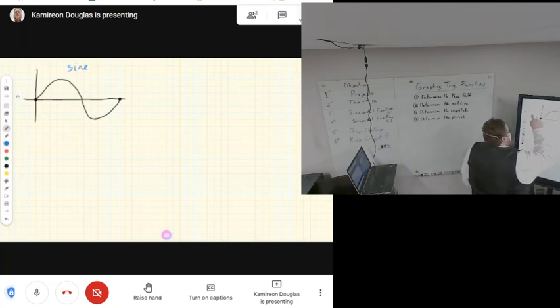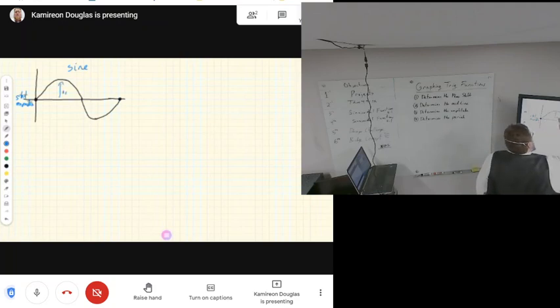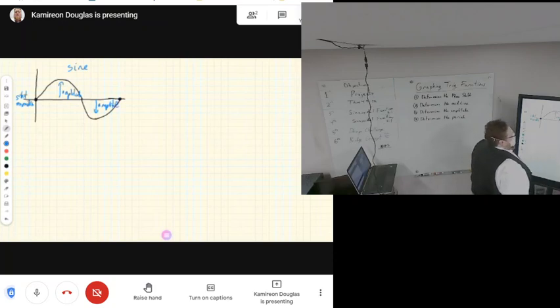we start on the midline. We travel up to the amplitude. We then travel down to the negative amplitude, passing through the midline, and then come back to the midline.